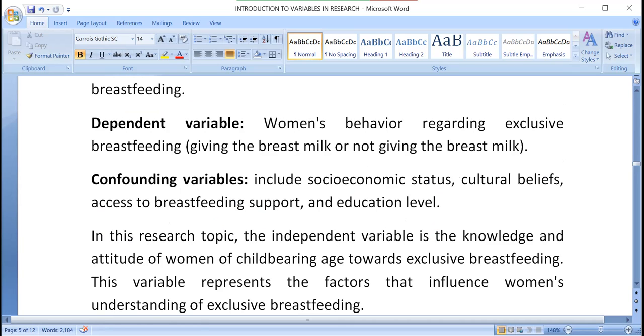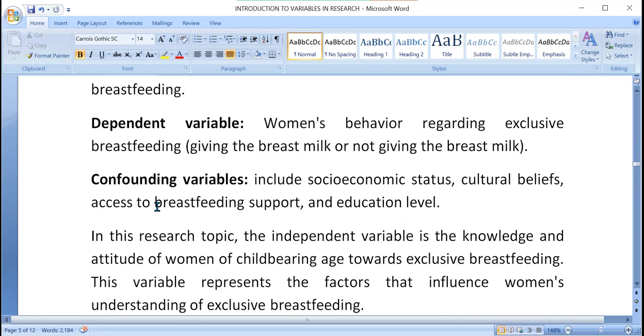I've explained this in the previous slide. This confounding variable can either modify what we are finding or not, or give us a false reason. Let's say someone whose brother or elder sister breastfed exclusively.